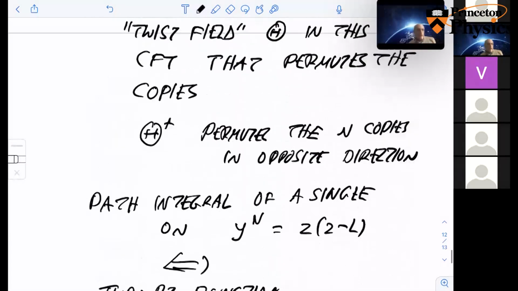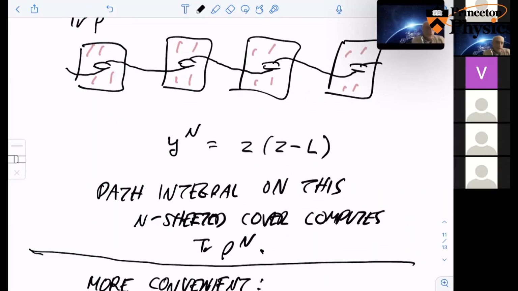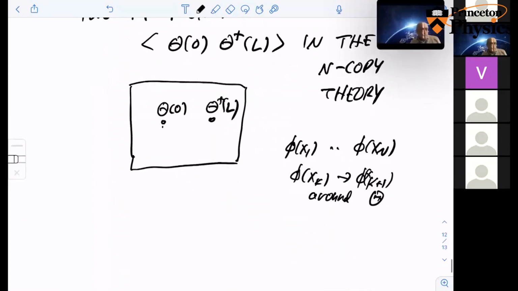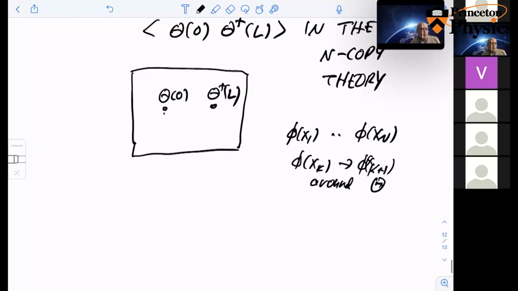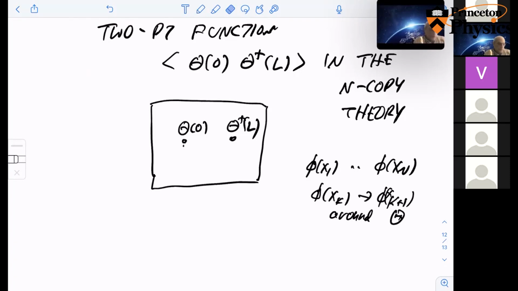And that's exactly what happens geometrically when we had the n-sheeted spacetime with the n sheets that are cyclically permuted. That simply produces the cyclic permutation that's needed to compute trace of rho to the n. So our problem is reduced to a two-point function in a CFT.